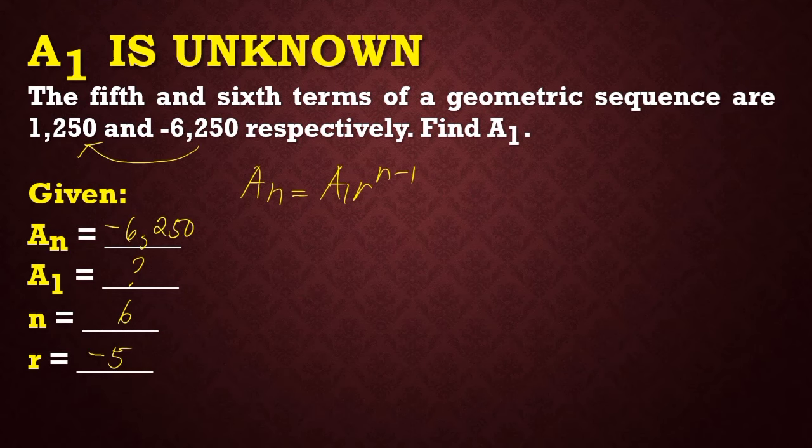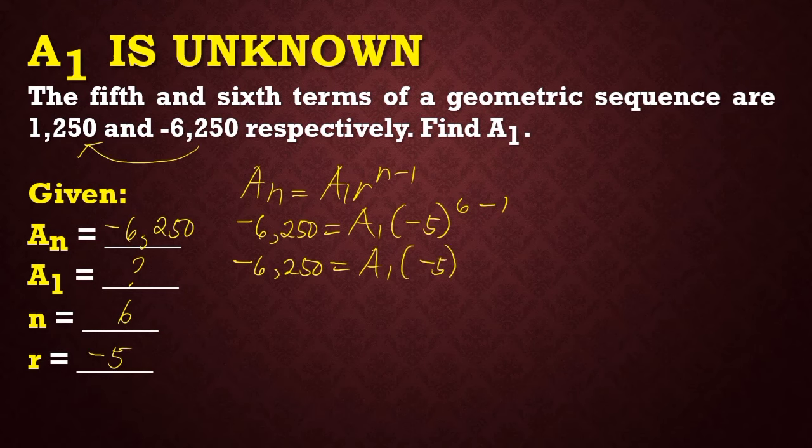Now, a sub n is negative 6,250 is equal to a sub 1, and then our common ratio is negative 5, then n is 6 minus 1. Negative 6,250 is equal to a sub 1 times negative 5 raised to 6 minus 1, that is 5.